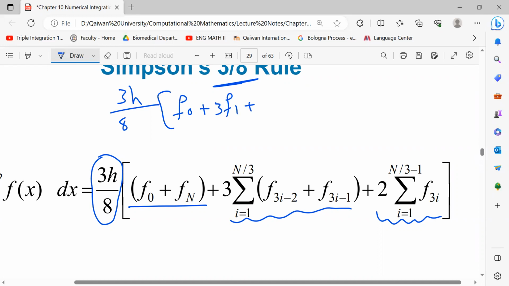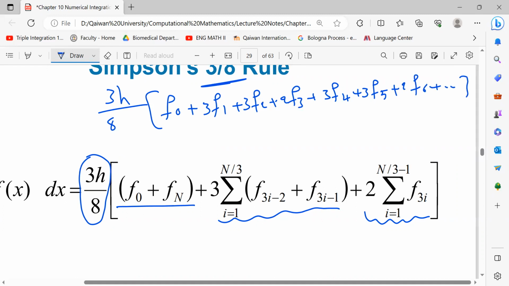3f1 plus 3f2 plus 2f3 plus 3f4 plus 3f5 plus 2f6 and so on, plus fn. Look, we take the first and last, fn, without multiplying by anything.